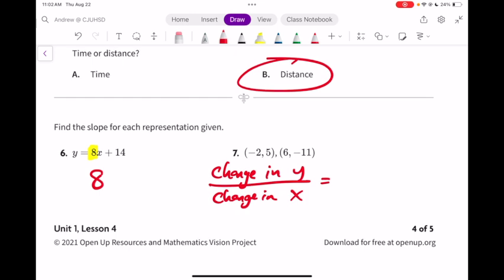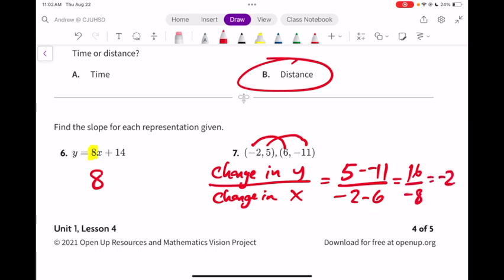Subtraction finds change. So you go 5 minus negative 11 divided by negative 2 minus 6. Oops, let's do that right. So the slope is 16 over negative 8 or negative 2.